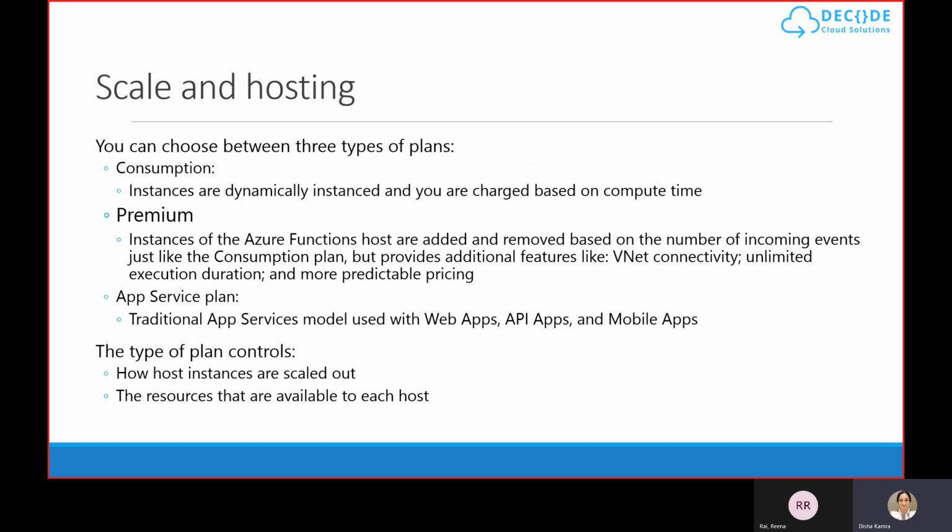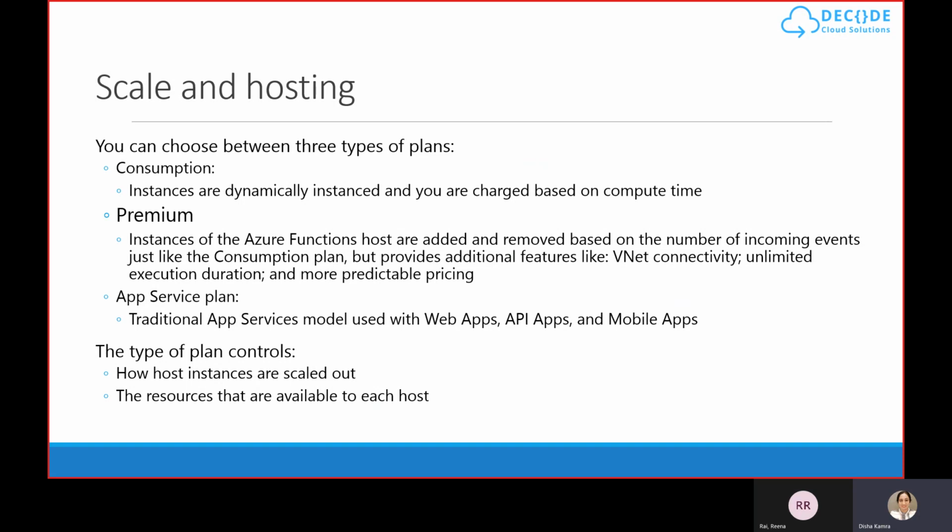So when I'm talking about the consumption and premium plans, both of these plans automatically add compute power when your code is running. Your app is scaled out when you need to handle load, and scaled down when your code has stopped running. For the consumption plan, you also don't need to pay for idle virtual machines or reserved capacity in advance.